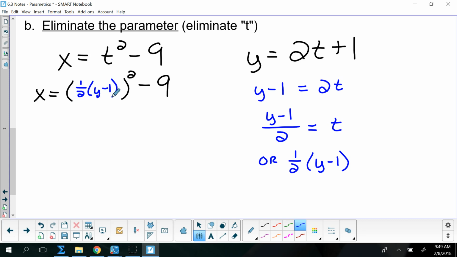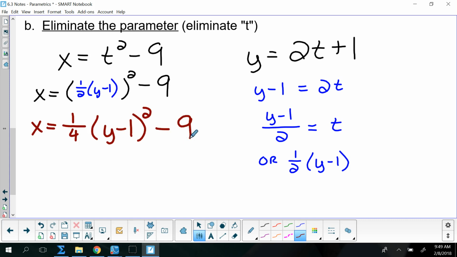So that gives me x equals 1/4 times the quantity y minus 1 squared minus 9. One-fourth y minus 1 quantity squared minus 9.